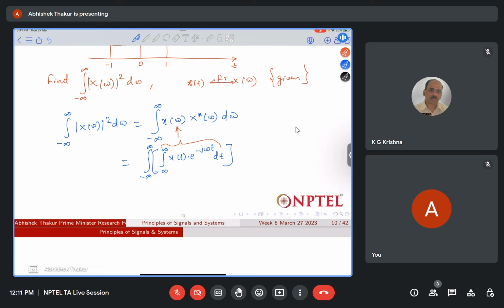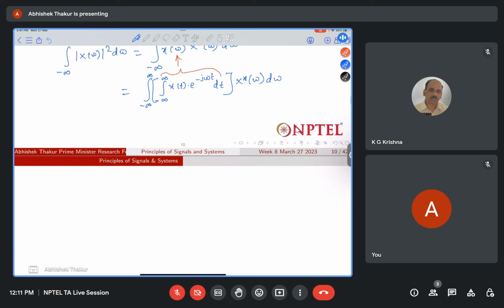This is multiplied with X conjugate of omega and integrated with respect to d omega. We take X conjugate of omega into e to the power of minus j omega t d omega first, and then x(t) dt later on.